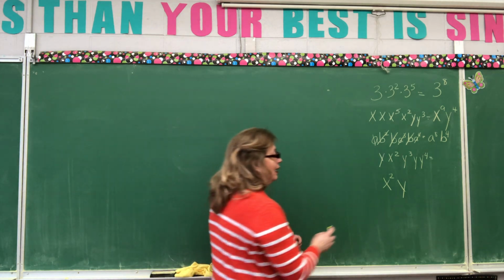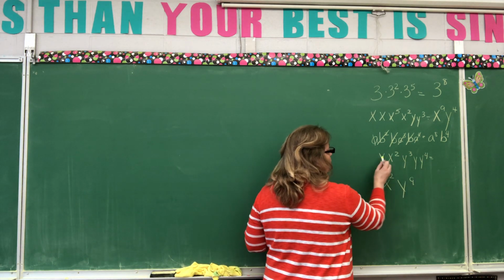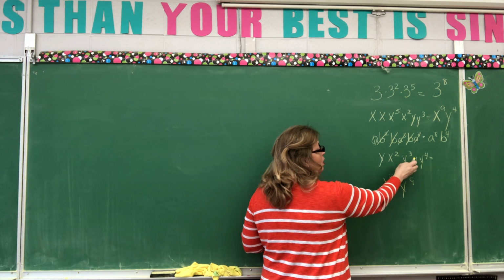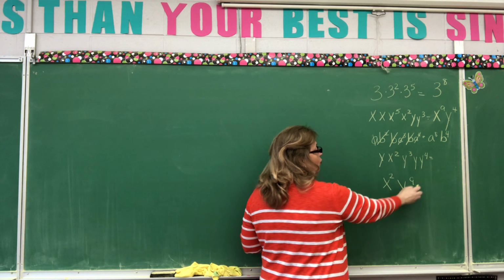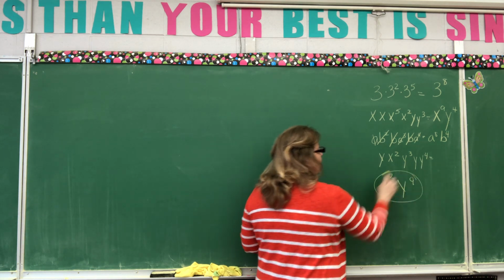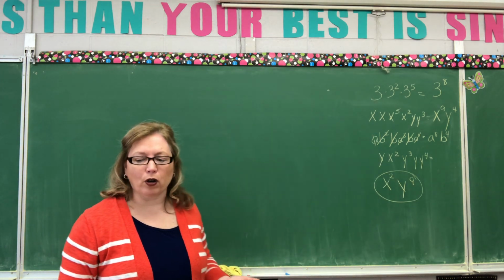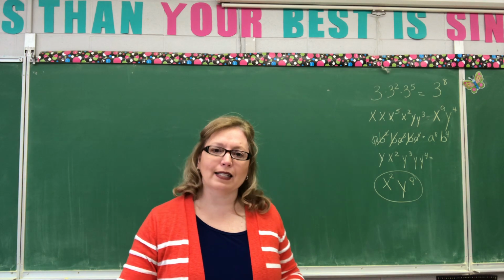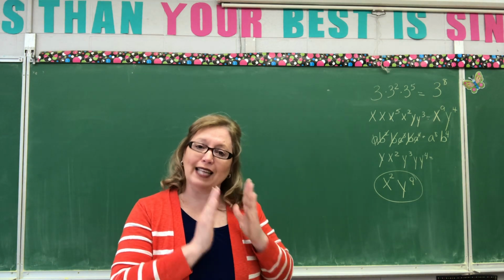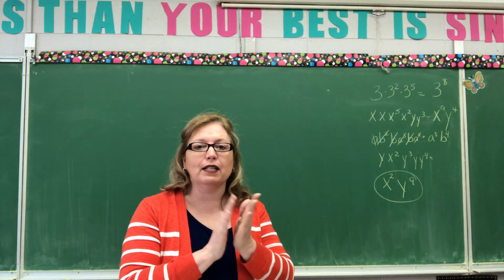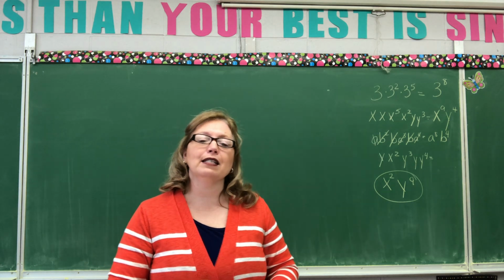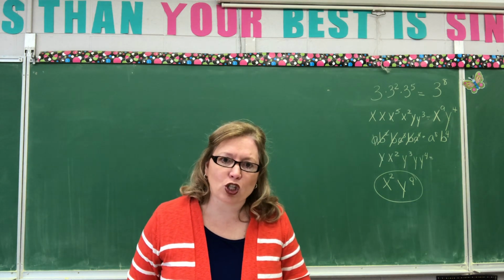Hopefully you said 9. Okay, because we have 1 plus 3 is 4, plus 1 is 5, plus 4 is 9. So our final answer is x squared, y to the 9th power. So all you're doing is, if the bases are the same, the base must be the same. If the base is the same, simply add the exponents.